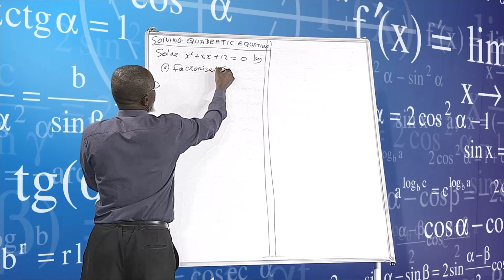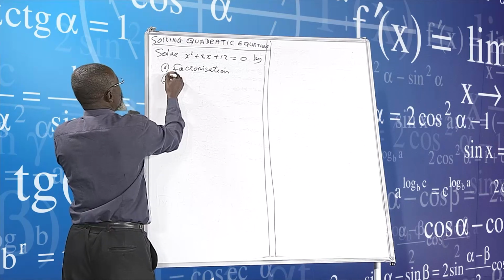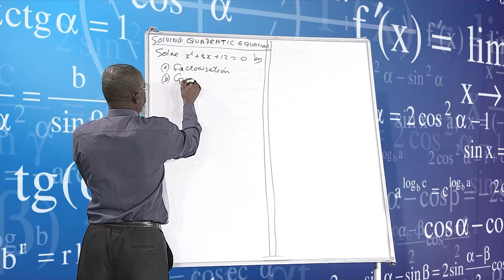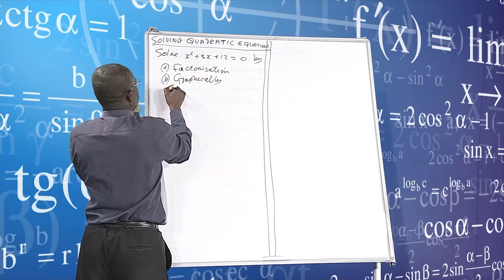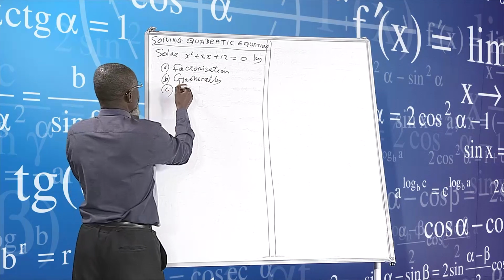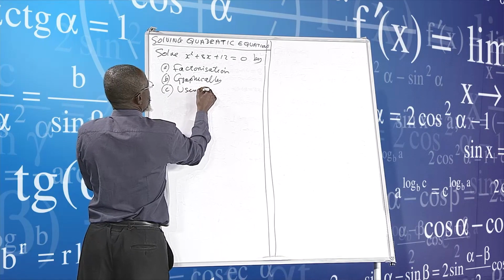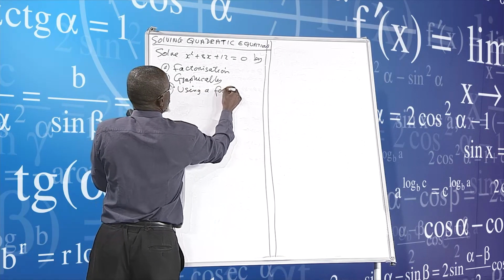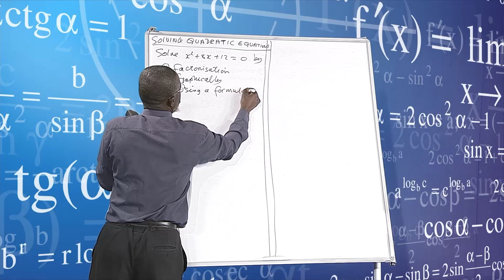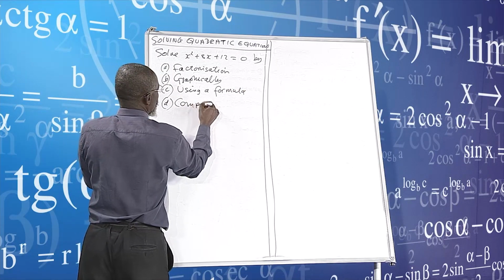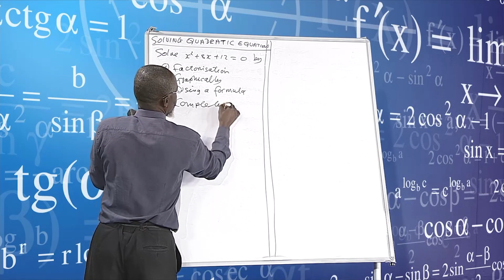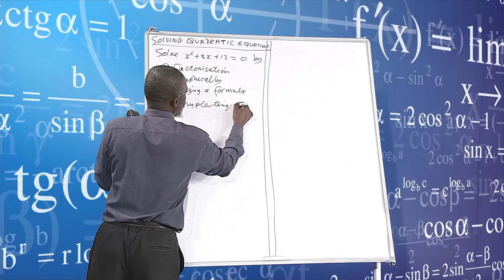You can be asked to solve by A, factorization, as last time. And then B, you can also solve graphically. And C, you can also solve using a formula. And D, you can also use completing the square.